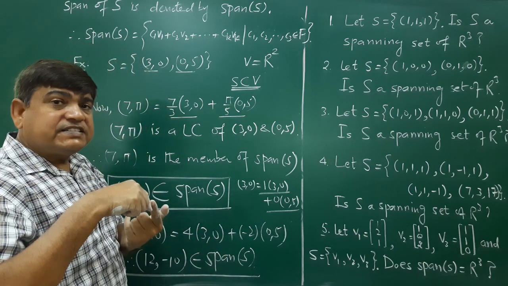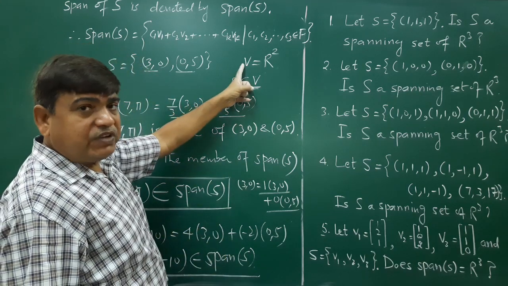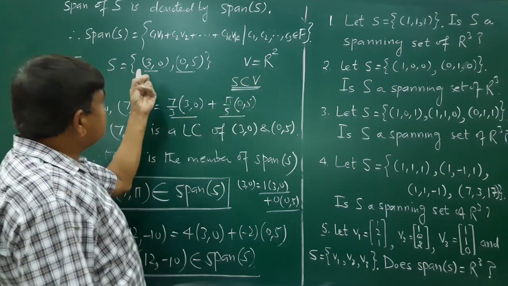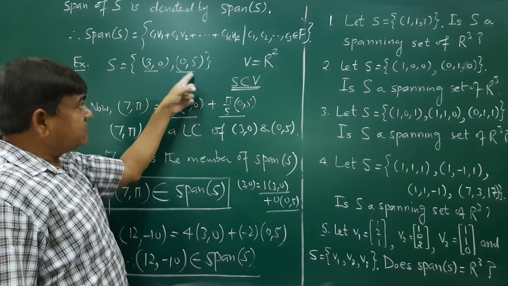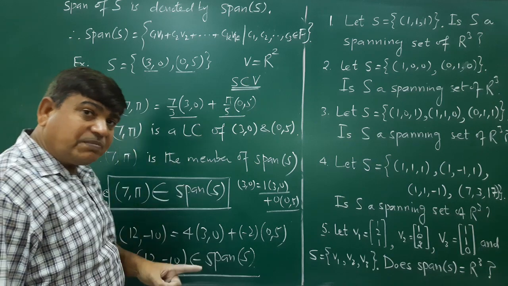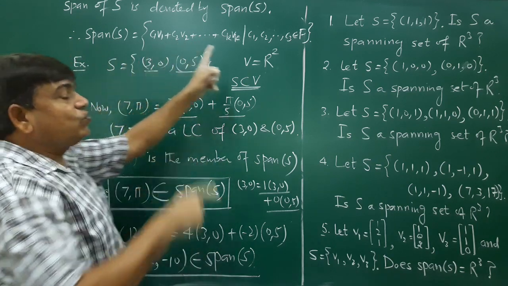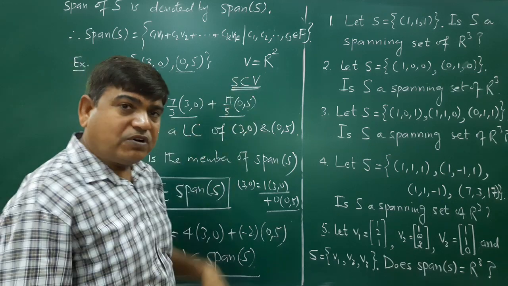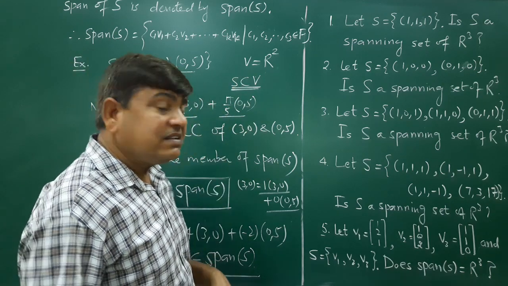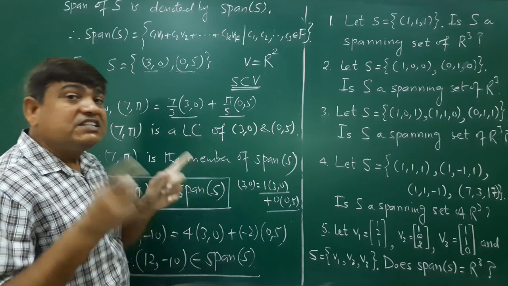Can we express every member of V as a linear combination of these two? That means, can I write span of S equals V? If it is possible, then this set is called spanning set.